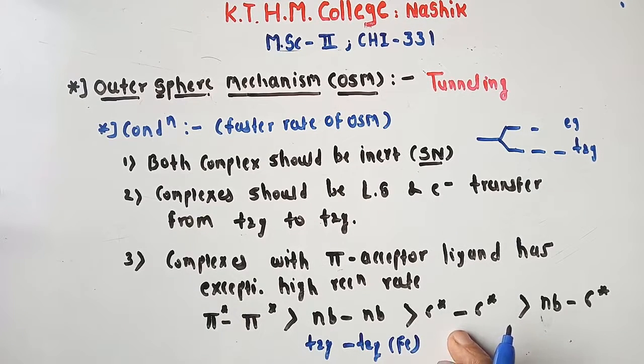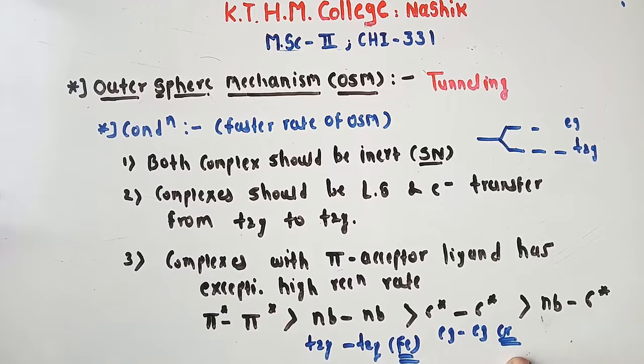After that, sigma star to sigma star means transition between Eg and Eg; all chromium complexes show such transitions. And the last one, non-bonding to sigma star, means T2g to Eg; all cobalt complexes show such a transition.